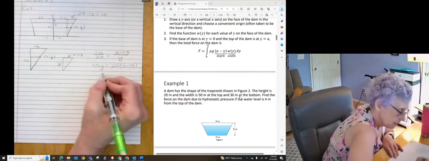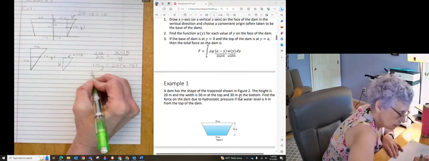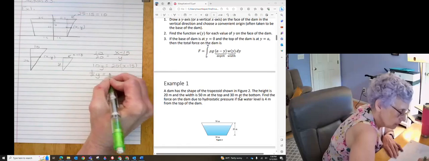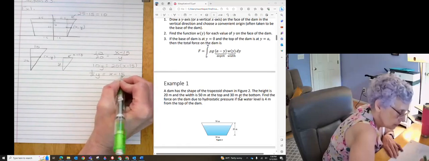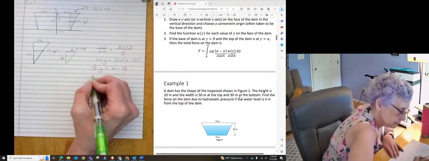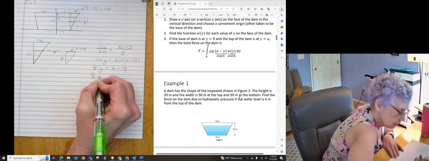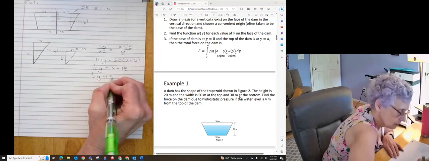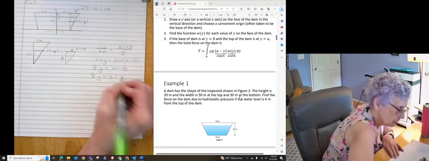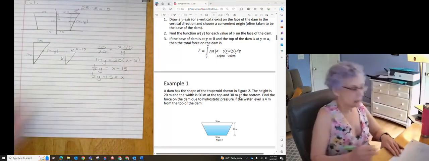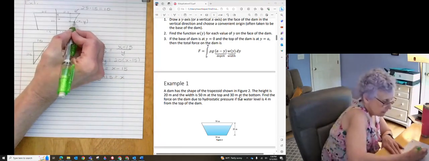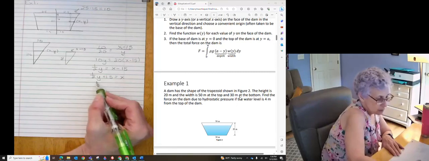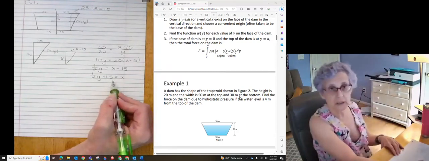So let's divide both sides by 20. 1/2 of y is equal to x minus 15. So 1/2 of y plus 15 is equal to x. So x right here is equal to 1/2 of y plus 15.